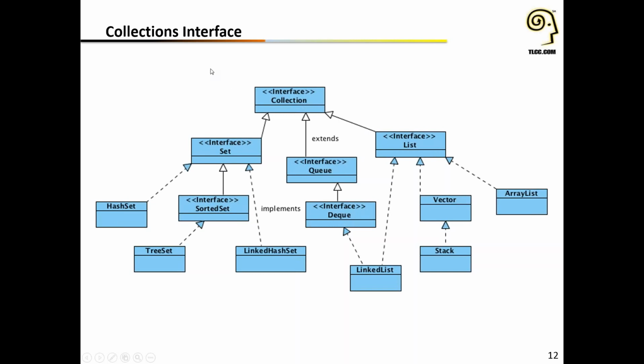So the collections interface is a grouping of different other interfaces underneath it, and underneath those interfaces are the different classes that are available for you to use. If we take another example, let's say the TreeSet, let me show a little diagram. The TreeSet would actually use the SortedSet interface, which uses the Set interface, which then uses the collections interface.